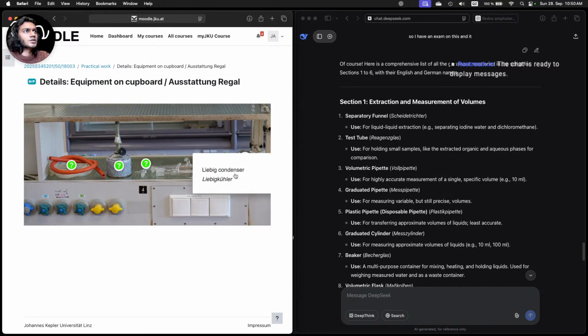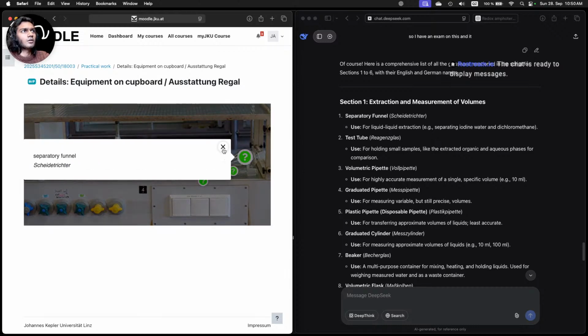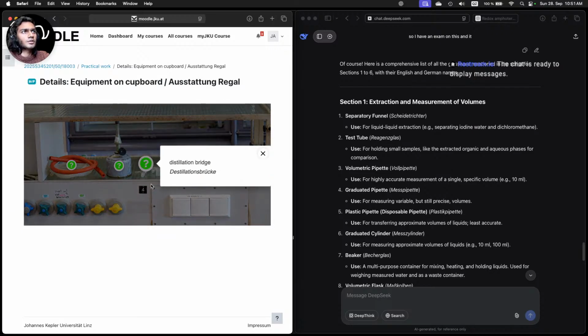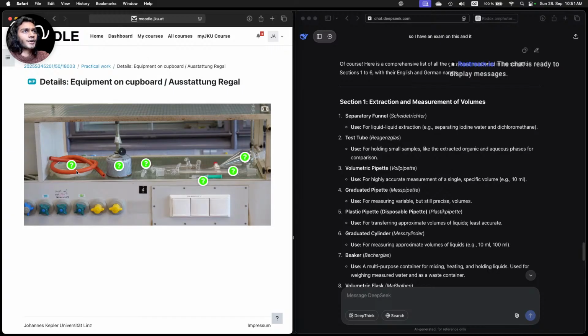That's the grease. That's a Liebig condenser. That's the separatory funnel. Distillation apparatus or distillation separator, distillation bridge, Teclu burner.